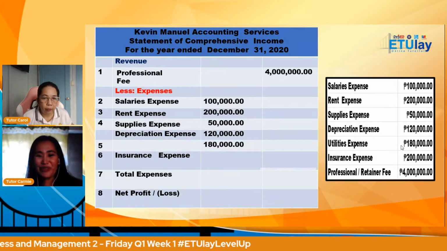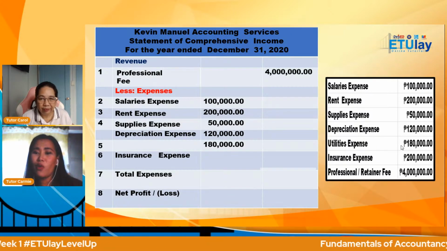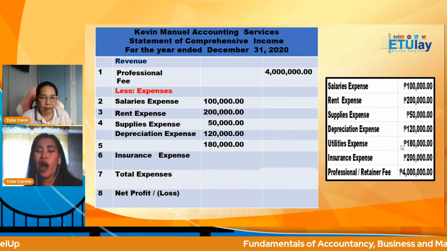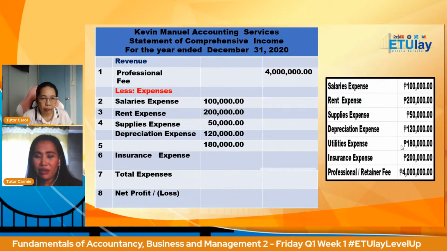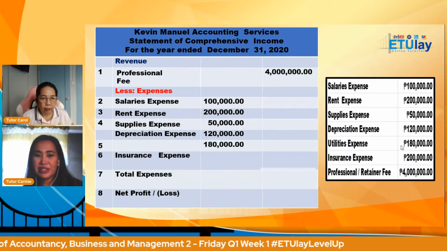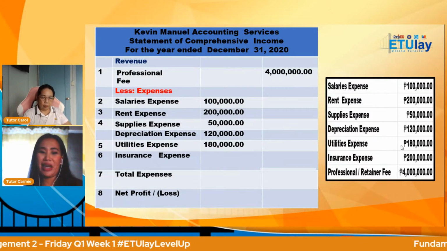So, let's have number 5. Number 5 po ay meron po siyang halagang 180,000. Ano pong account ang nagkakahalaga ng 180,000? Okay? Let's see if we have the same answer. Utilities expense. Tama po.